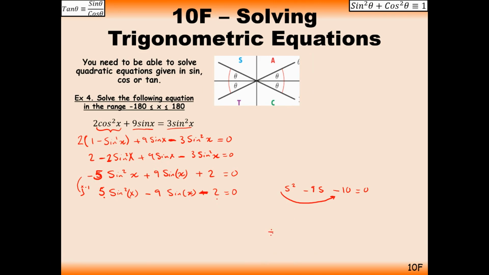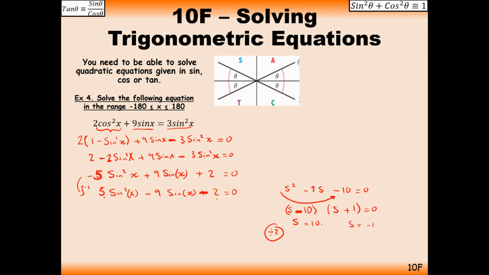So I'm just going to write a note for myself: I need to divide by 2 at the end. Once I try to factorize this, I'm going to have s minus 10 and s plus 1 equals 0. So s equals 10 and s is minus 1.